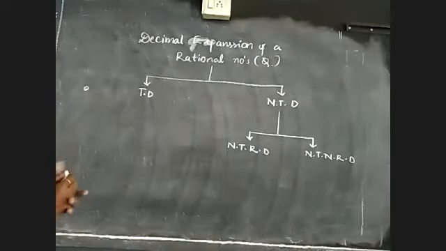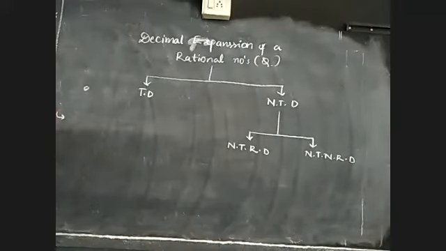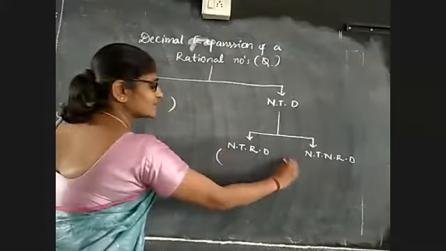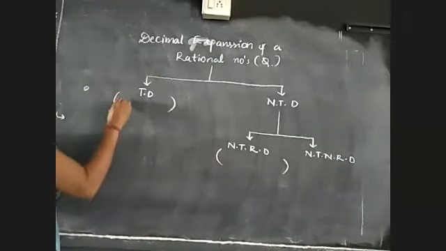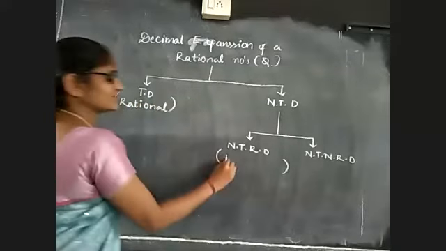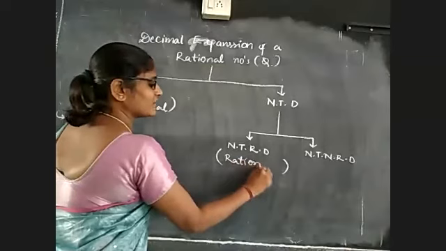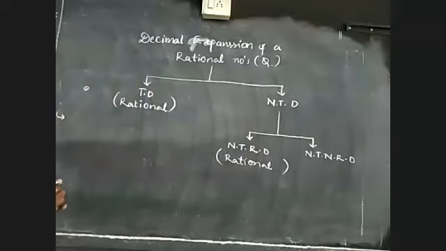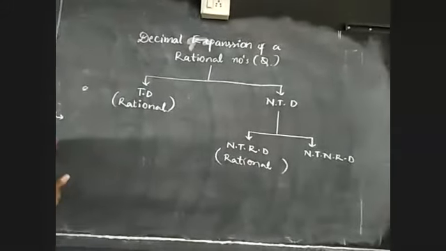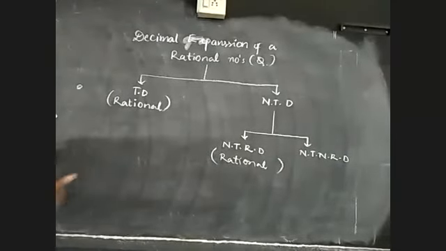From this flow chart, we noted the point: all terminating decimals and all non-terminating recurring decimals are also known as rational numbers. Already you know the rational number definition: a number which can be expressed in the form p by q, where q is not equal to 0 and p, q are co-primes, which are integers.